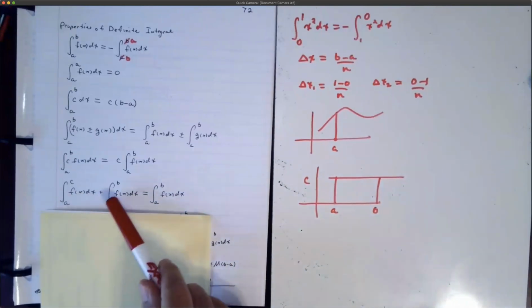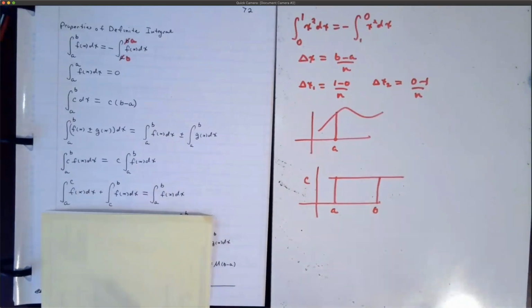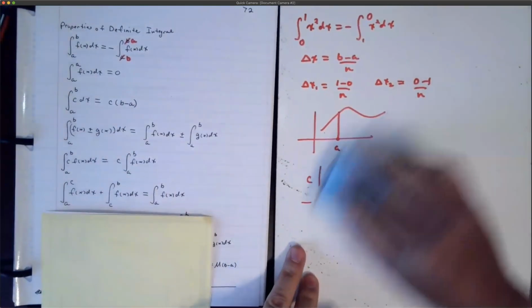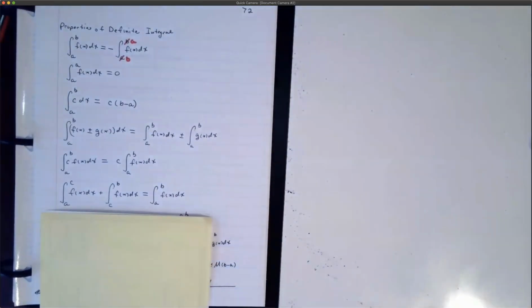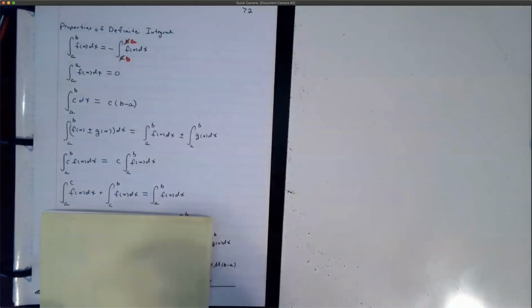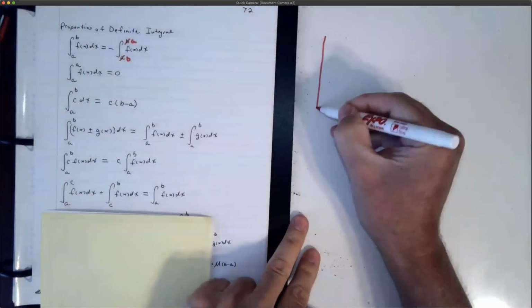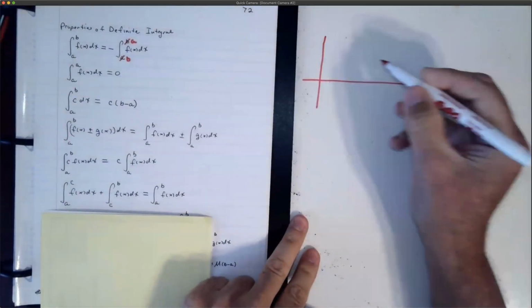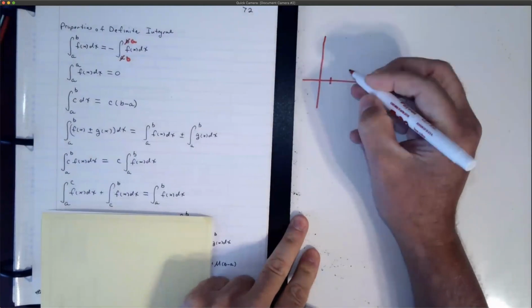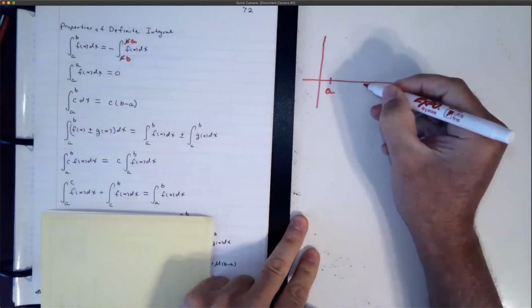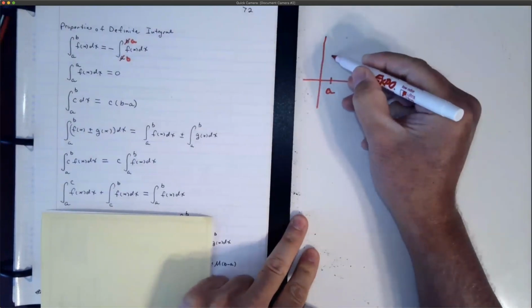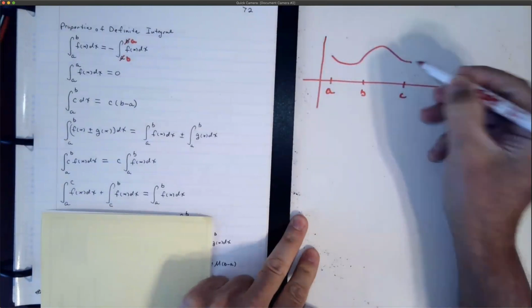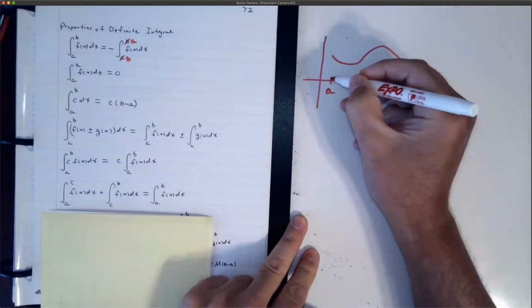All right, this is an interesting one that's used a lot. So let me draw the picture for this one. So the picture that we have here is we're going from A to B to C. So you have some function. It could be negative, that's fine, but I just drew it positive.